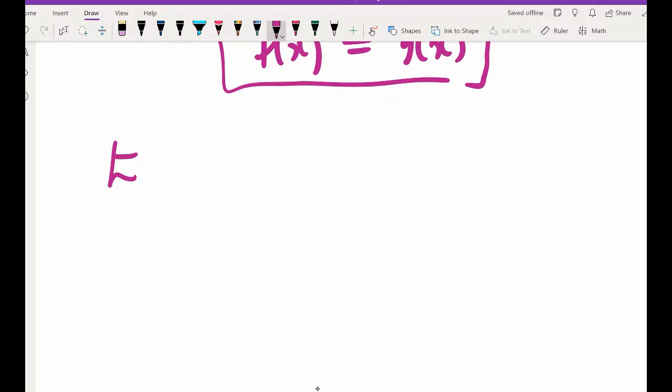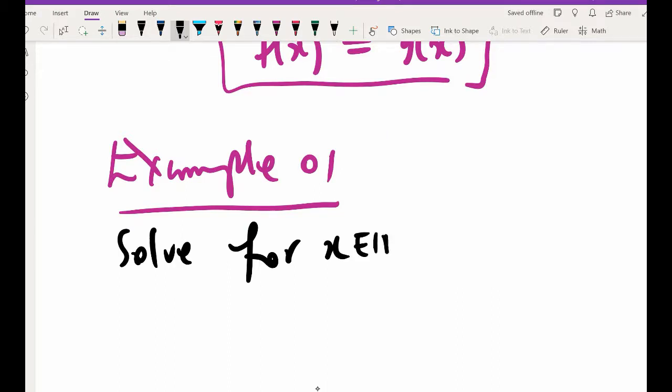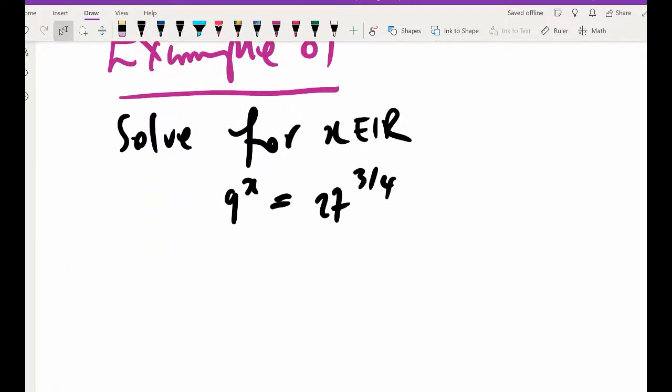Let us see example number 1. Solve for x, x being all real numbers, given that 9^x equals 27^(3/4).